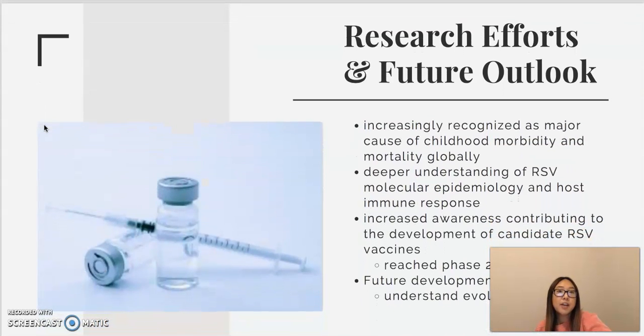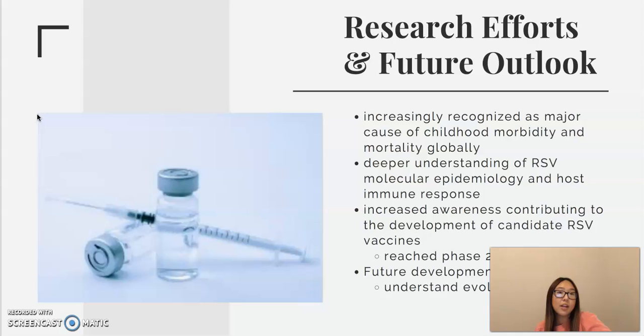And in regards to research efforts and future outlook, RSV has been increasingly recognized as a major cause of childhood morbidity and mortality globally, and this increased awareness is contributing to the development of candidate RSV vaccines, where there have been RSV vaccine attempts that have reached phase 2 and 3 trials, but partly due to the variants in the strains, it's been difficult to develop an effective vaccine.